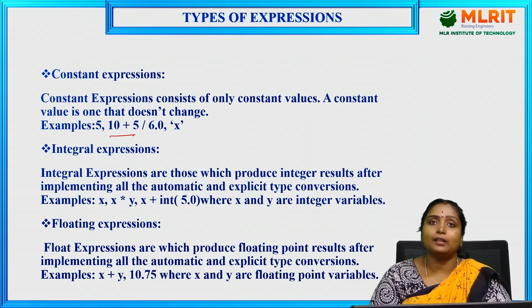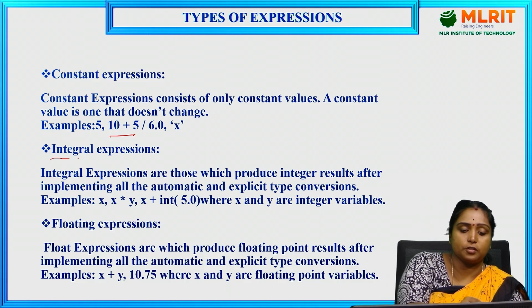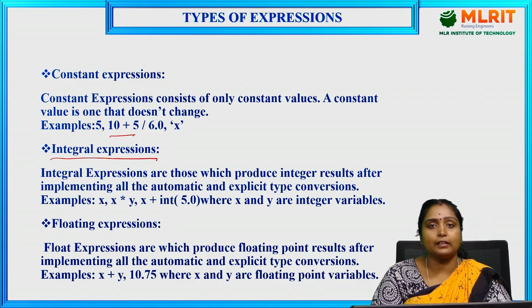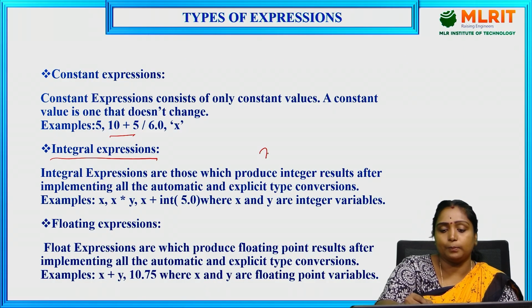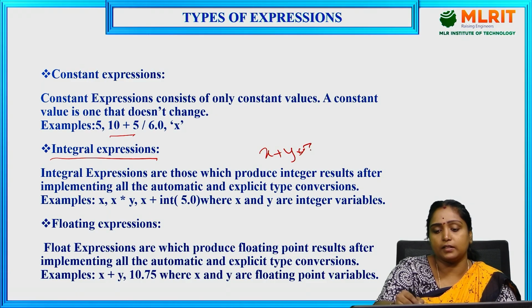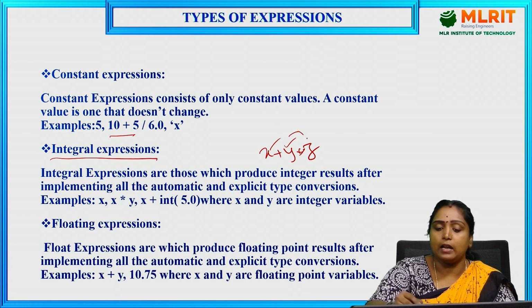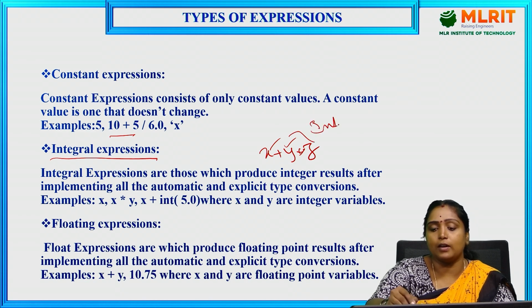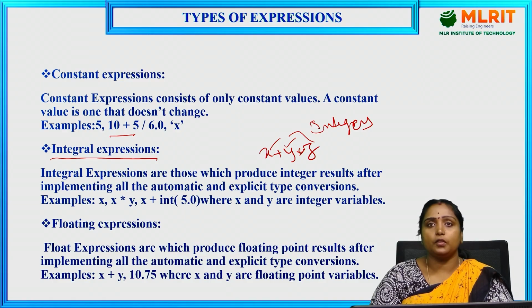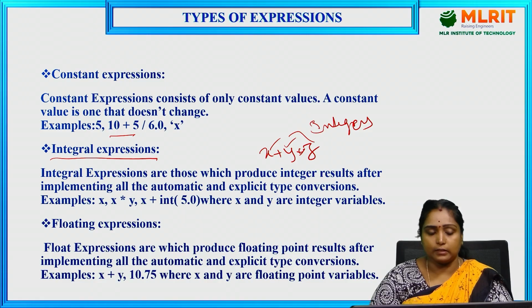Coming to the next type, integral expressions. Integral expressions are a combination of variables, like x plus y into z, where x, y, z are integer values. Suppose you take x value as 5, y value as 6 and z value as 8.